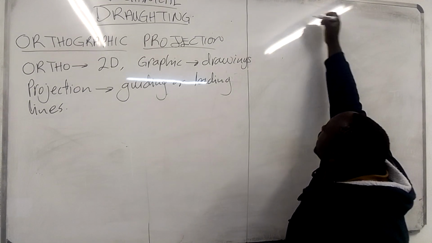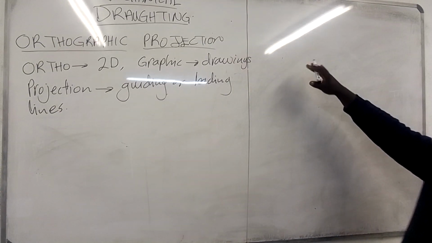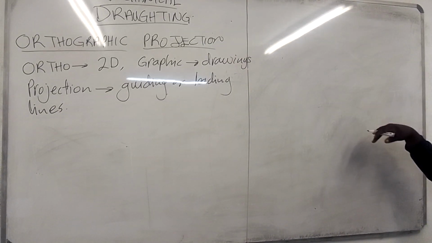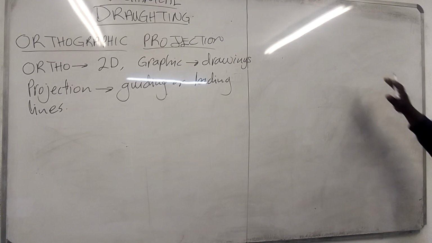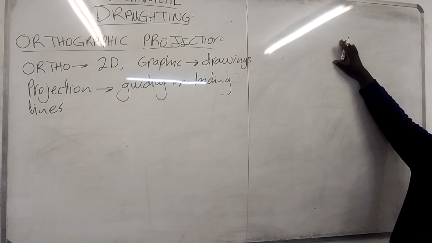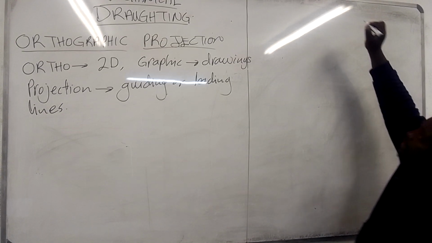Okay, so what I'm saying is we are looking at the orthographic projection. Ortho means 2D, graphic means drawings, then projection means guiding or leading lines. So I'm going to draw here so that at least the view can be clear.